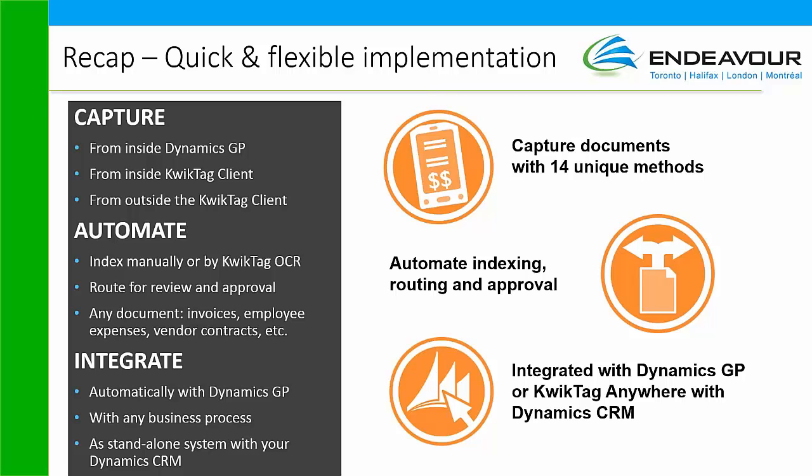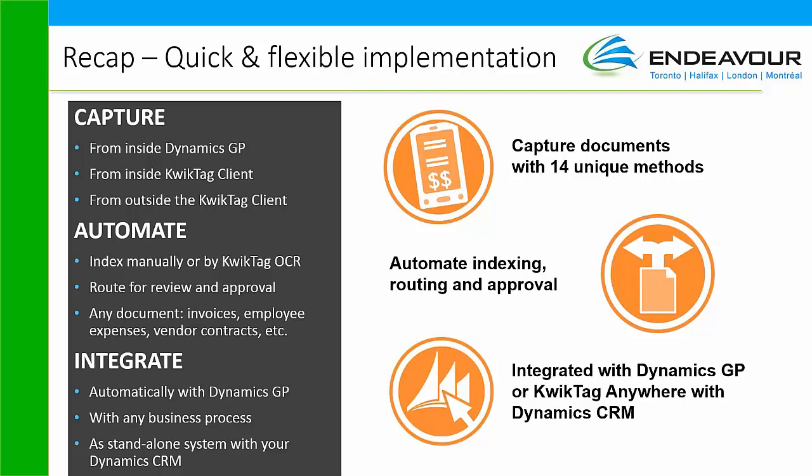One of the most common ways that we encourage our clients to do is share with their vendors a unique email address, vendora@yourcompanyname.com, and we will set that up in our implementation phase so that it goes right into KwikTag. And when it's received in KwikTag, it'll go into the work queue of the person responsible for taking the next step with that particular document.